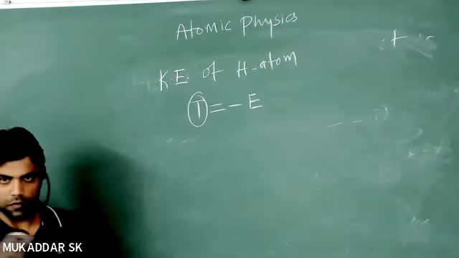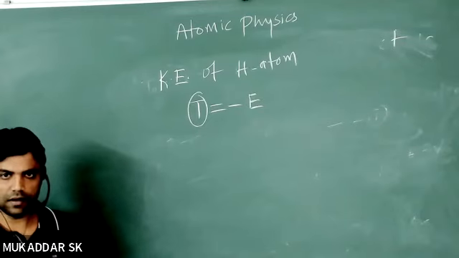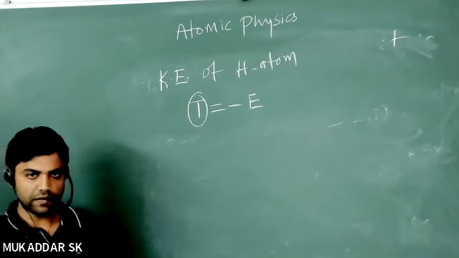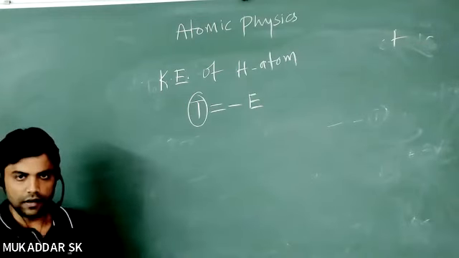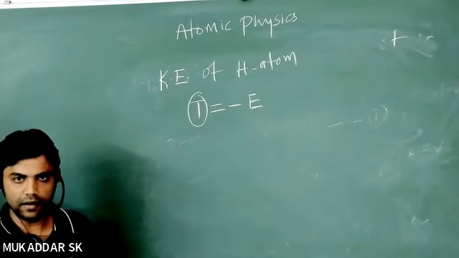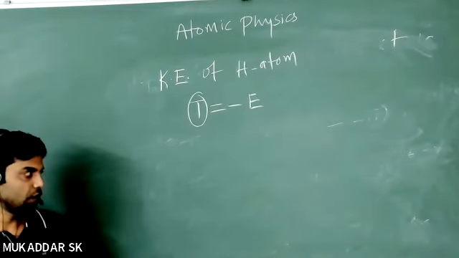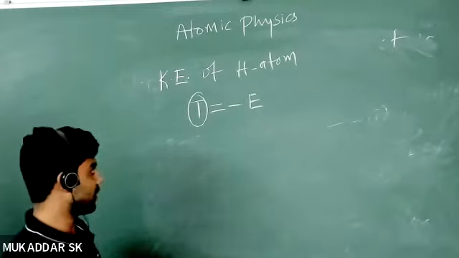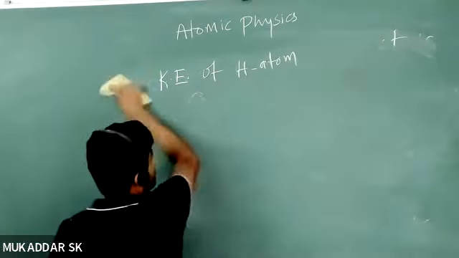In hydrogen atom, you have a proton, so the proton has some mass. The mass of the proton in energy units is 938 MeV per c square, so it has some finite mass.